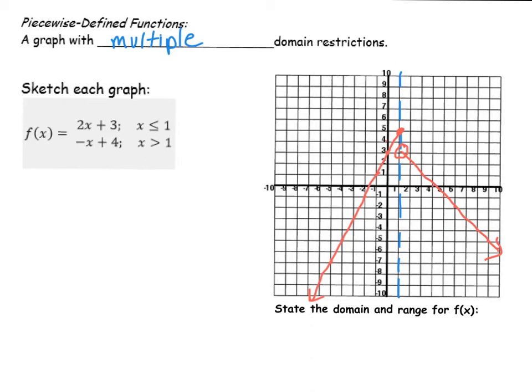But remember, at x equals 1, I'm using this one, which is why it has the closed circle. The bottom one has the open, because the bottom one technically doesn't take over until x is bigger than 1. As soon as it's bigger, it takes over.